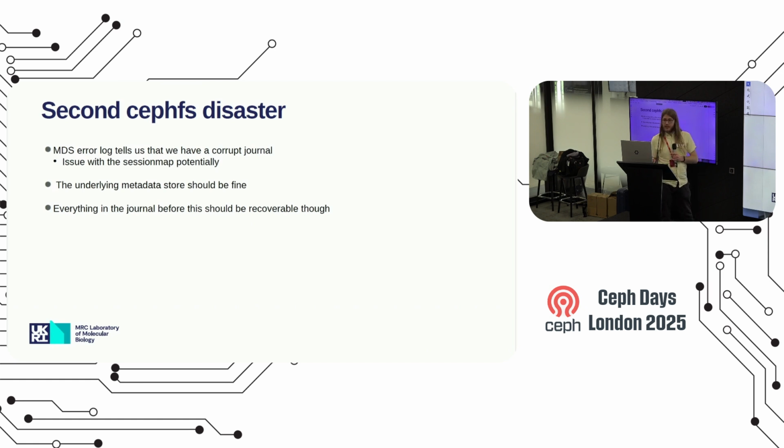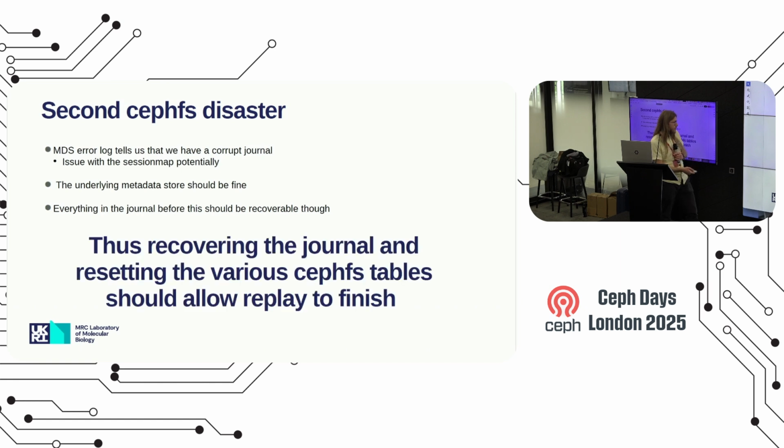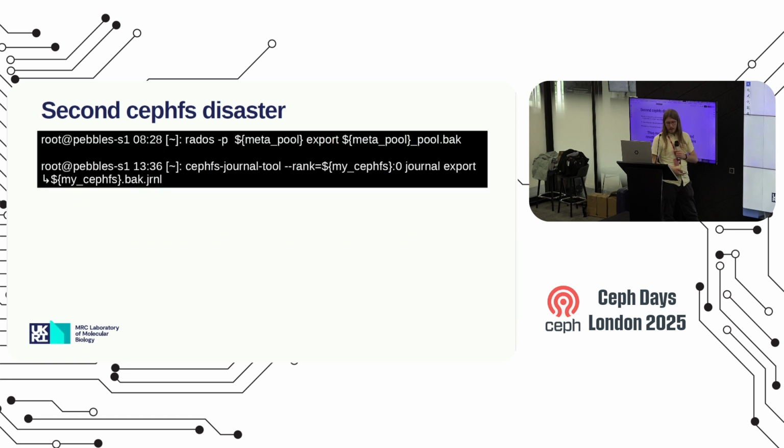And if there are any journal transactions which aren't recoverable, they haven't meaningfully altered the metadata pool itself, and we can recover most of those transactions. So rather than recovering the entire file system like we did before, we are just going to reset some of the file system tables, let the MDS replay as normal, and then discard the journal and see if we can get our file system up and running.